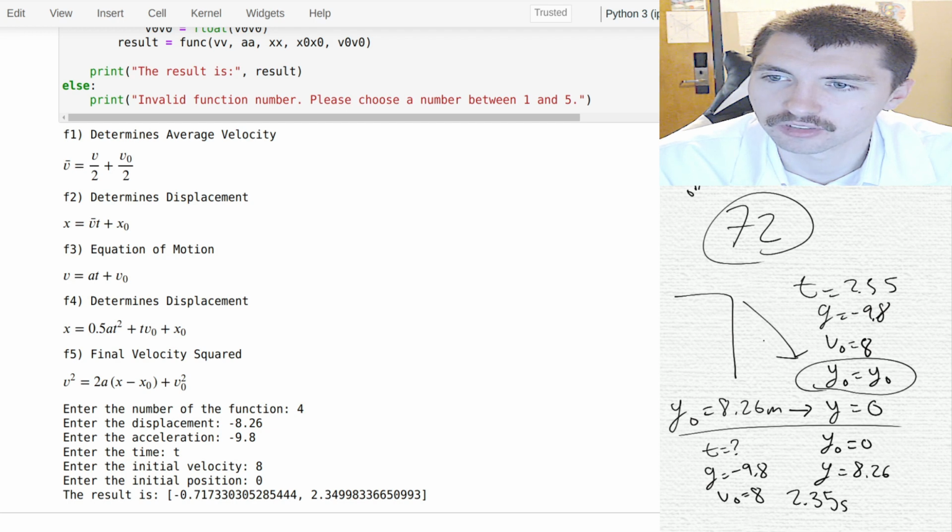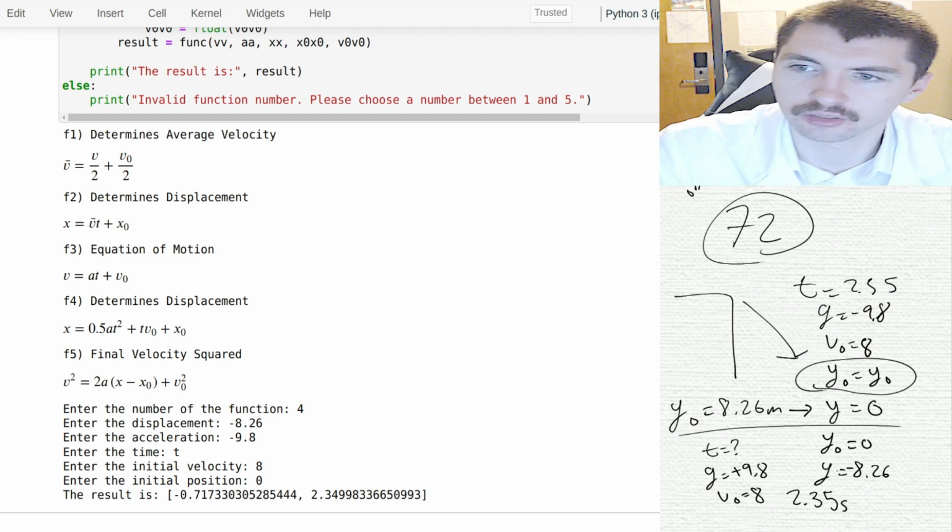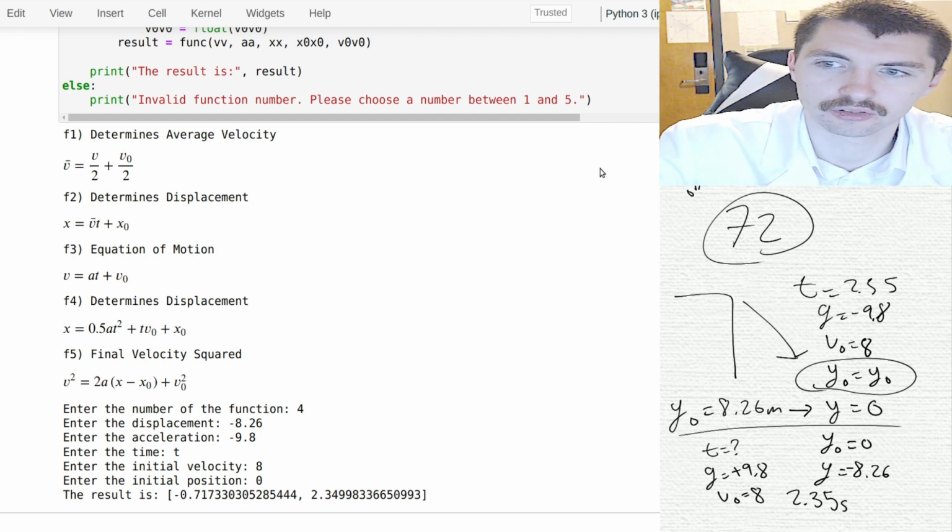I don't know if that's what it's asking. So here you're going with gravity. Down you're going with gravity, so this should be a positive. Okay, so let's try those numbers.